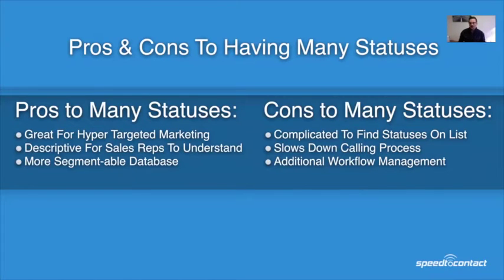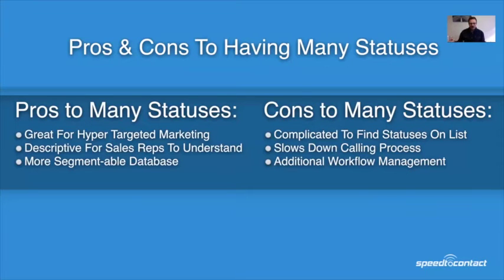The cons are it can actually be complicated to find the statuses on the list. If you have 25 statuses and they're in no particular order, even if they're alphabetized, it can actually take your sales reps a little bit of time to find the status that best meets that criteria, because again, you're really hyper-defining your statuses here. And that can, for the second piece, slow down the calling process.